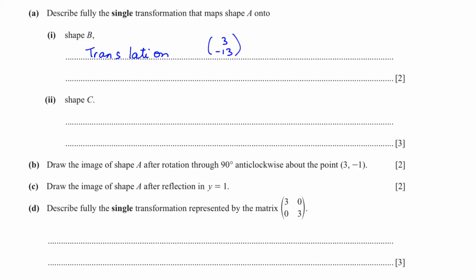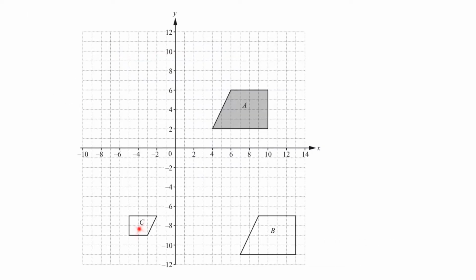A2, we have to describe the transformation that maps shape A onto shape C. So this is shape C and this is shape A. You can see the size difference in both the shapes. Whenever there's a change in size, it is related to enlargement. So you will get 3 marks. One to specify that it is enlargement. The second, we need to find the center of enlargement.